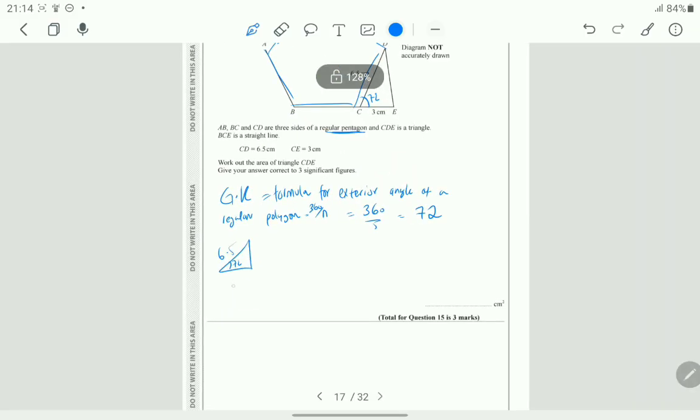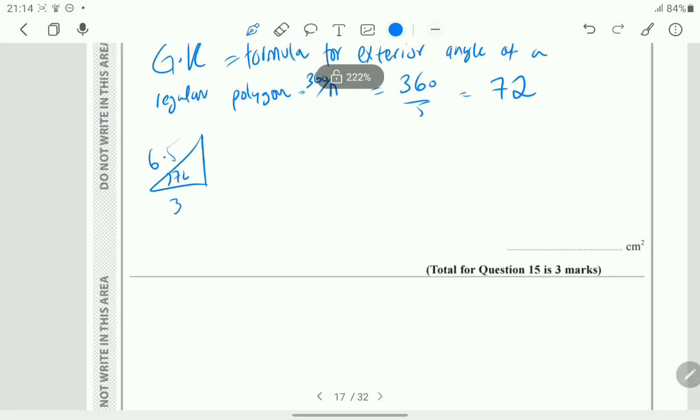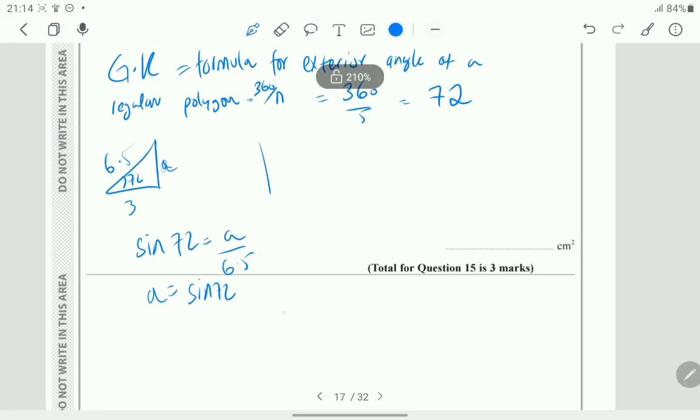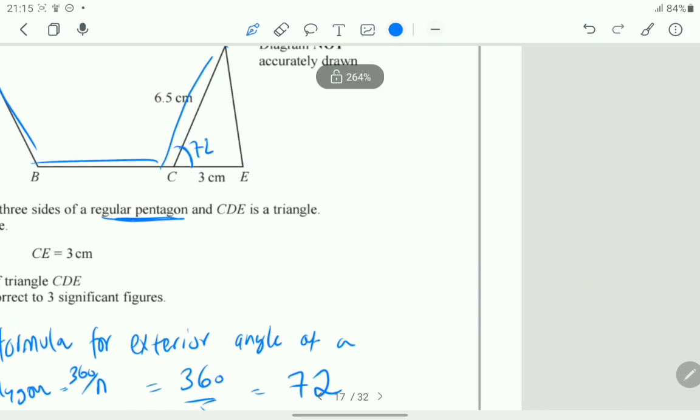6.5 centimeters is the hypotenuse and 3 centimeters is the base. We need to find this length, let's call it A. So sine 72 would be A over 6.5, and A would be 6.5 sine 72. To find the area of the triangle, we would use this imaginary line that we just created, A, as the height of the triangle.